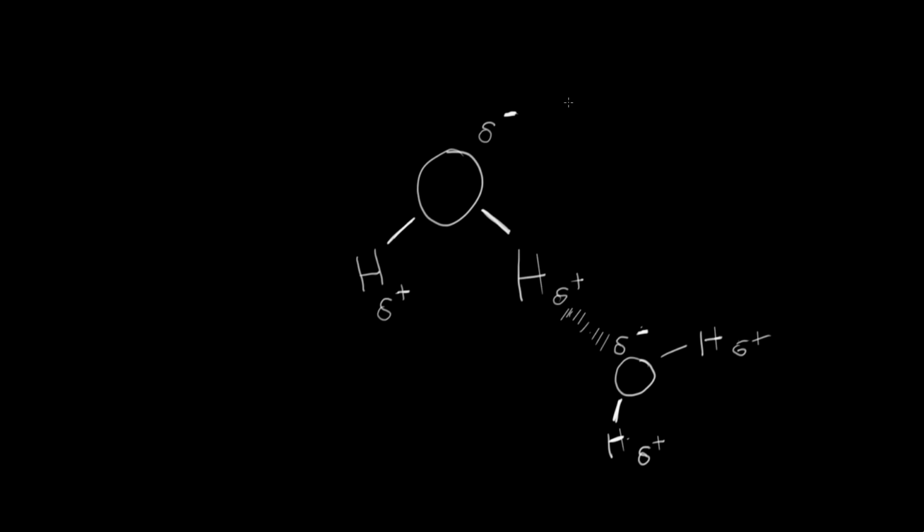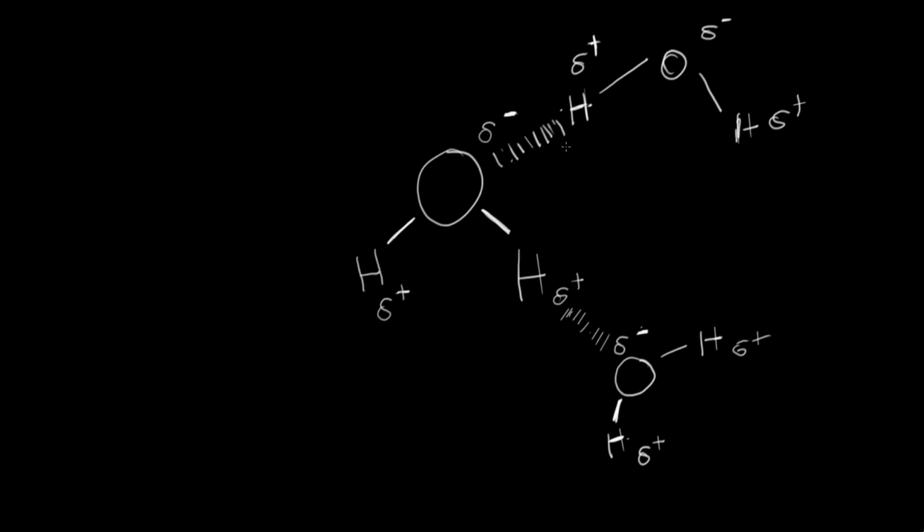Over here, we'll have a hydrogen for water. We'll have an oxygen here, and we'll have a hydrogen over here. Same idea. The hydrogen has that partial positive charge. Partial negative, partial positive. All right, what happens between this negatively charged oxygen and this positively charged hydrogen?